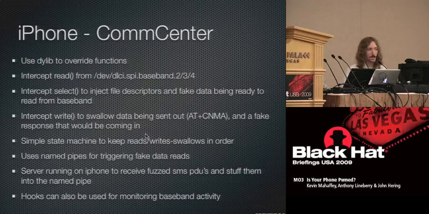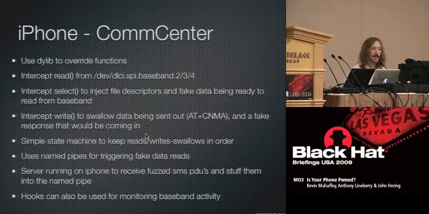Once we intercept that read, we can look and say, okay, are we the ones that told it that there was data to read from the baseband? And then from there, we can just go and read from our named pipe and return that into the read buffer as though that came off the baseband. Then we also intercept writes to baseband 4, which is what it uses for checking if it actually did get an SMS.